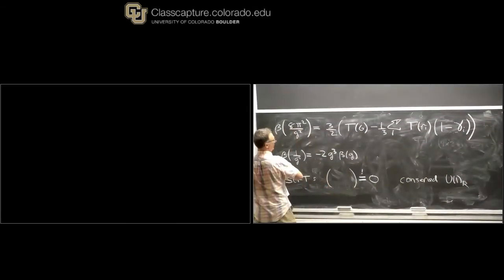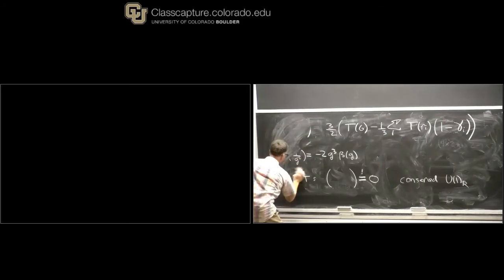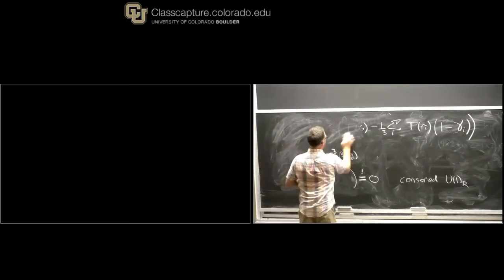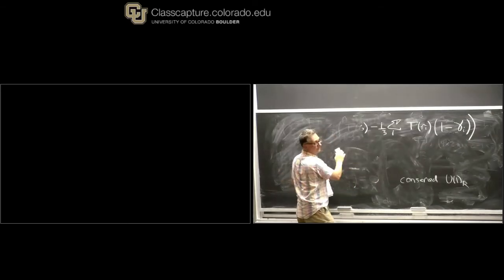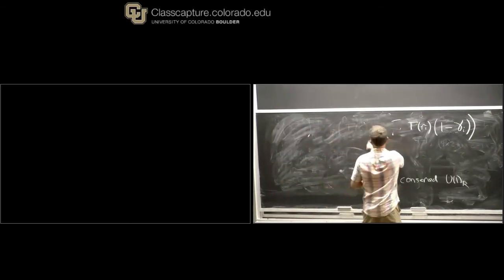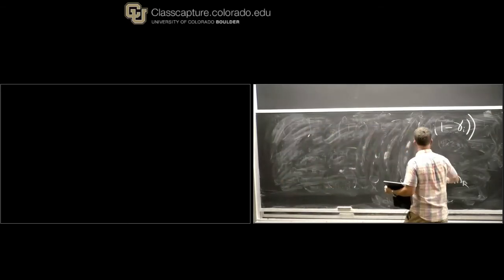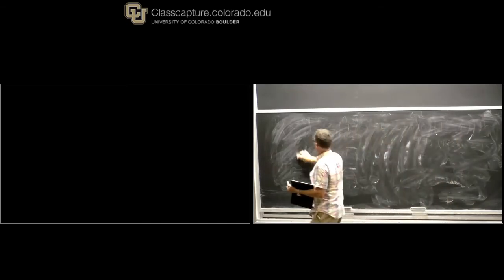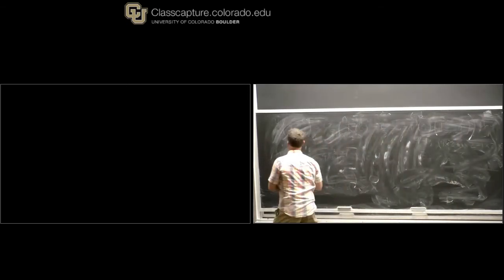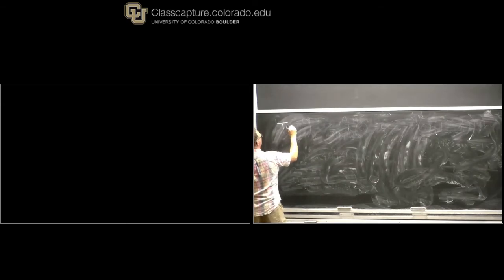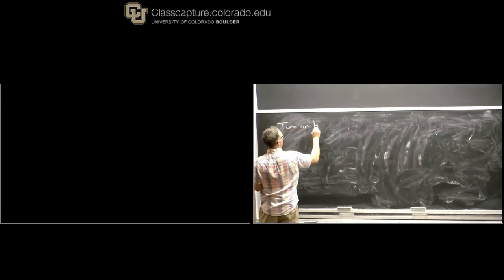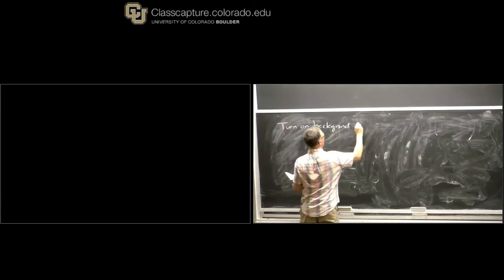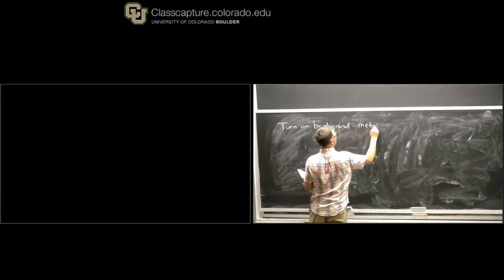Okay, another background that could be turned on in a conformal field theory is a background metric. And that's how we see the A and C conformal anomalies. So we can turn on curvature.